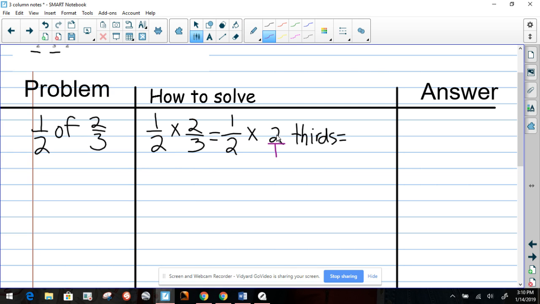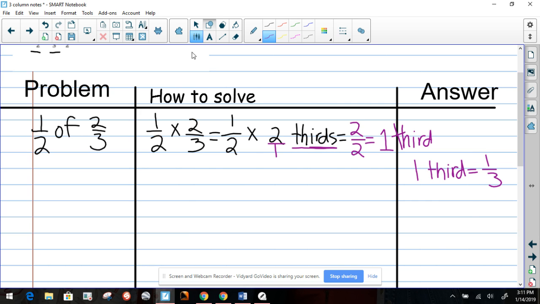And you multiply 1 times 2 equals 2, and 2 times 3 equals 6, which equals 2/6, and then simplify it to 1/3. So that's your answer. 1/3, that's our answer.